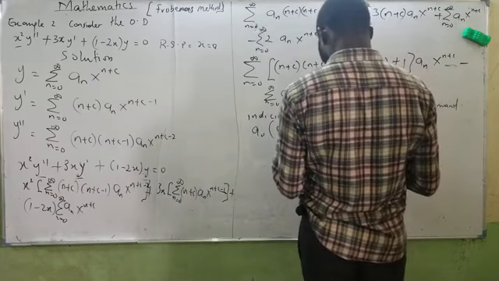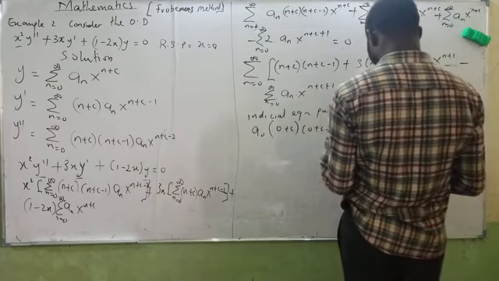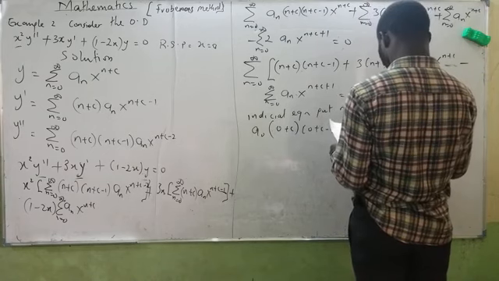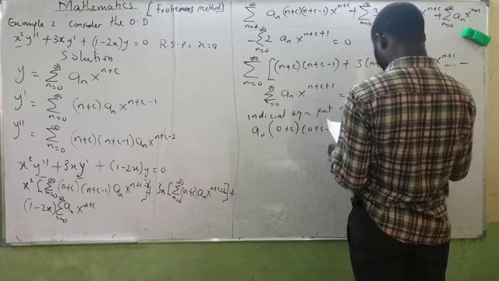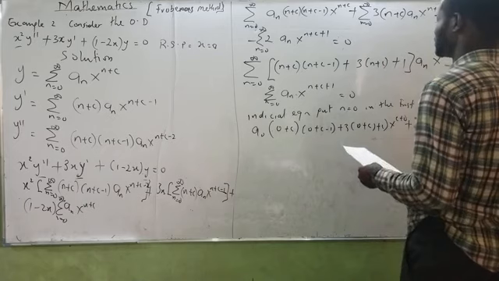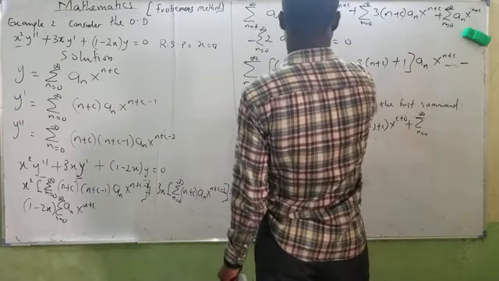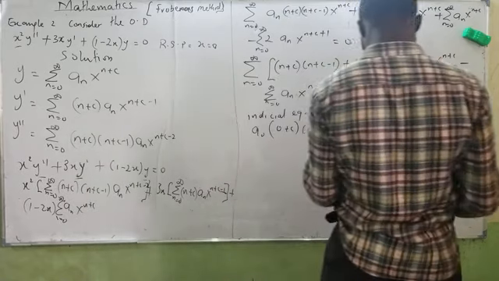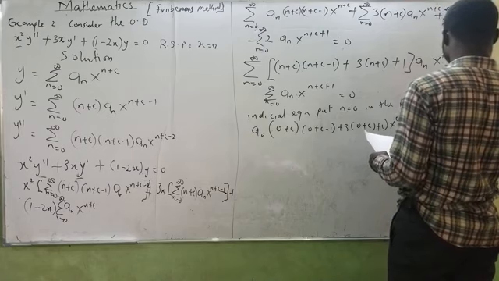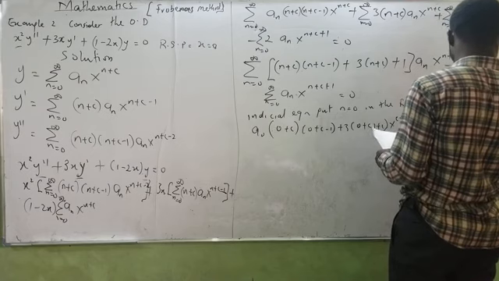Now since I have this, it will now be the summation from n equals 0 to infinity, a of n bracket of n plus c squared plus 2 bracket of n plus c plus 1.